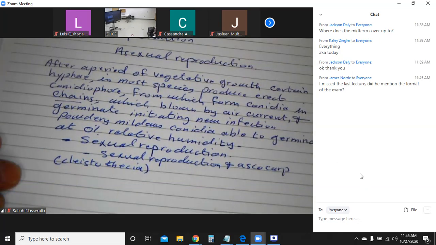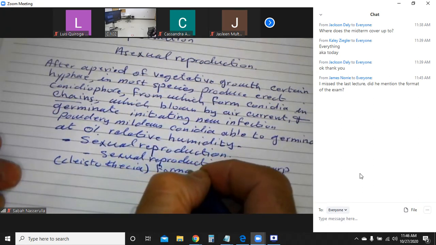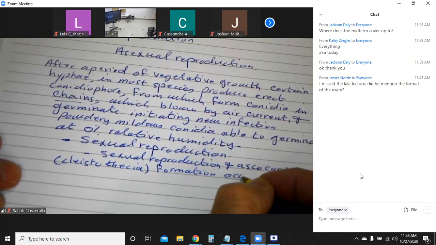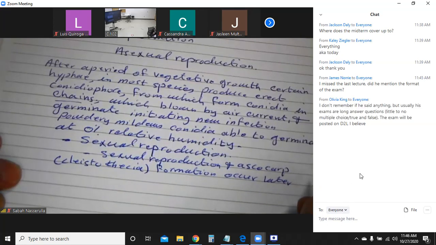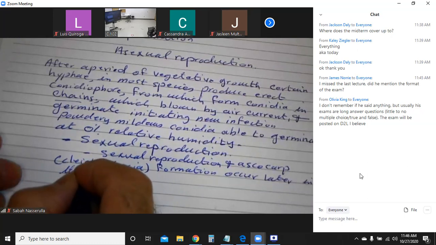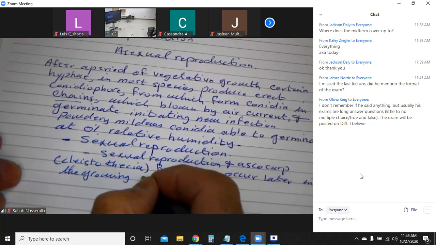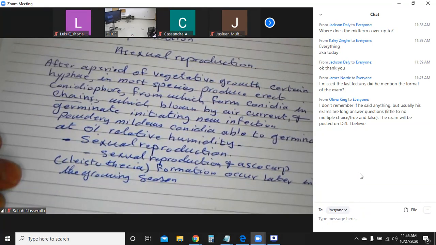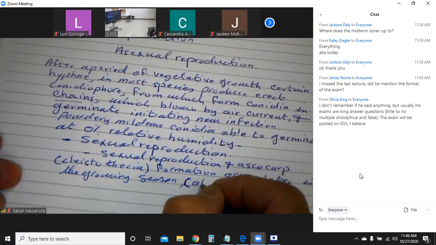As I mentioned, ascocarp or cleistothecia formation occurs later in the growing season, which is really about midsummer.